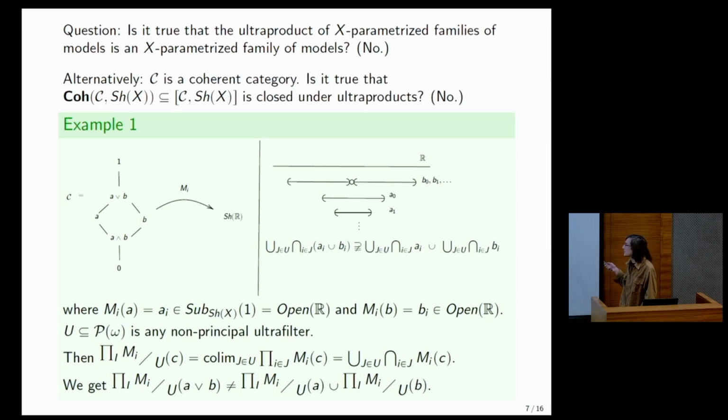And this is one example. Maybe I don't have time to explain the examples, but the idea is that some distributivity property fails. In the category of sets, infinite intersections distribute well with infinite unions. But in sheaves over topological spaces, only finite intersections interact well with infinite unions, and the ultra product construction can see that, and for that reason it can fail.